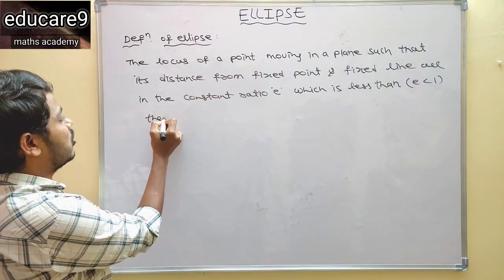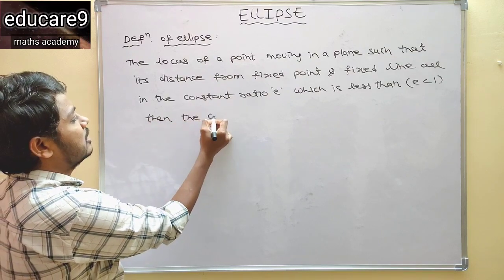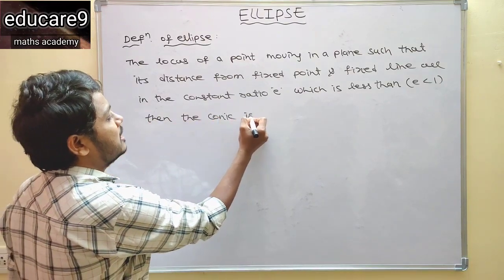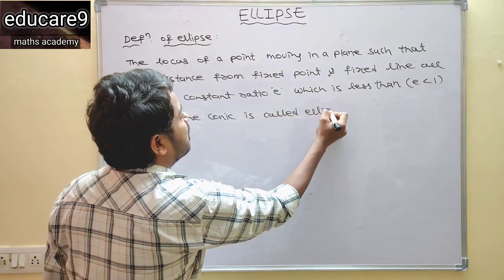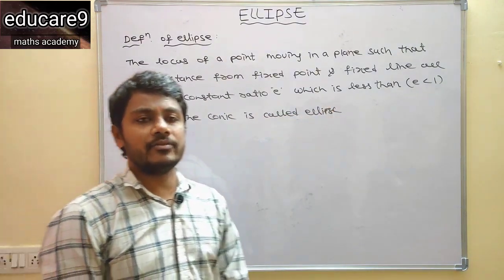Then the conic is called an ellipse. This is the definition of the ellipse.